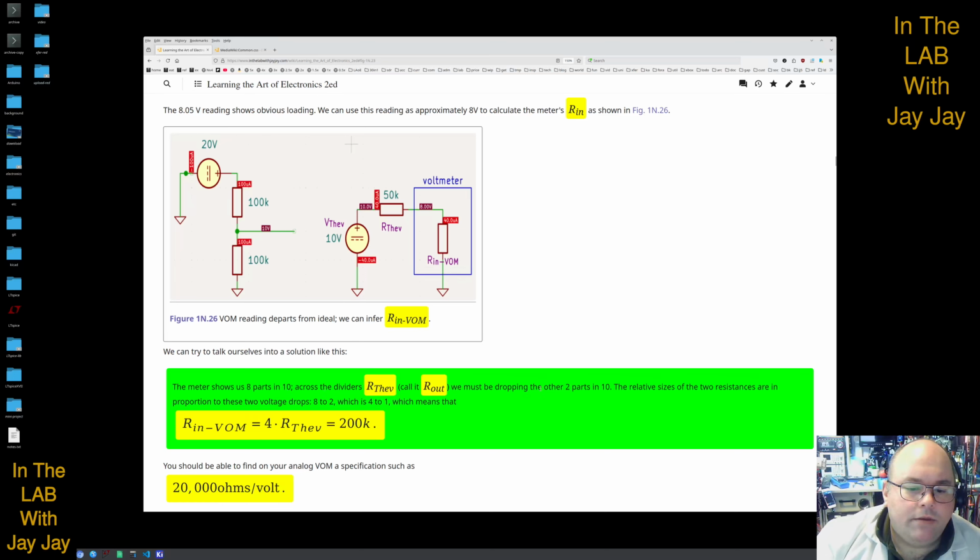Call it R out. We must be dropping the other 2 parts in 10. The relative sizes of the two resistances are in proportion to these two voltage drops, 8 to 2, which is 4 to 1, which means that the Thevenin resistance of the voltmeter is 200k.